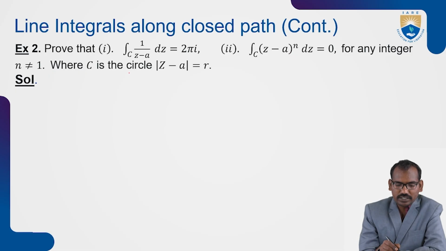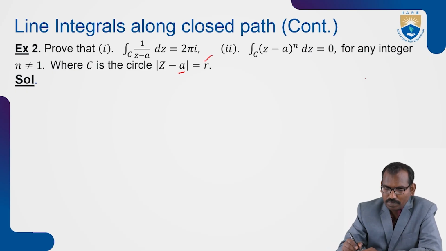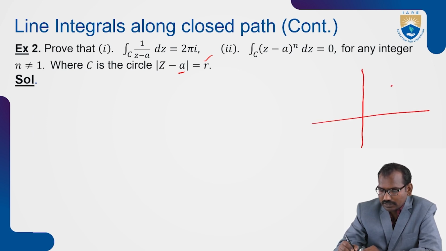Here, the curve C is given as a circle. What is the center of the circle? The center of the circle is A. In the complex plane, it represents a circle whose radius is R and center is at A. In the complex plane, the horizontal axis is the real part, and the vertical axis is the imaginary part, that is y.